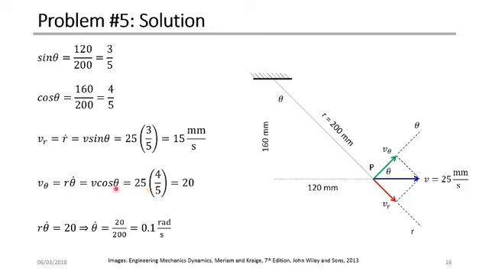V is given, and cosine theta can be found from the triangle as 4 divided by 5. So we get r theta dot equal to 20. Since r is 200, theta dot is equal to 20 divided by 200, which is 0.1 radian per second.